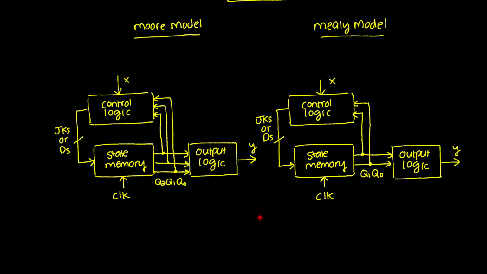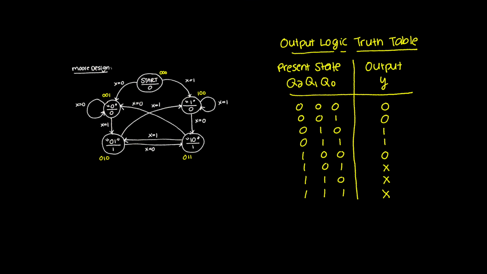But what distinguishes the Mealy from the Moore is that in the Moore model, I'm done here. This is my final block diagram. There's nothing left to add. If you remember, the output logic was dependent only on my present state.